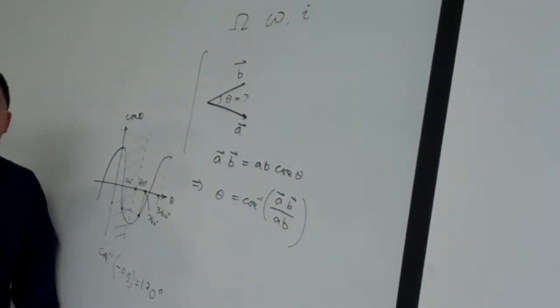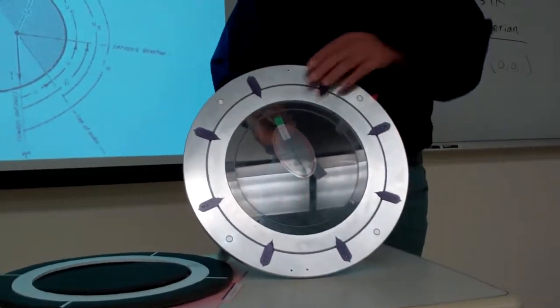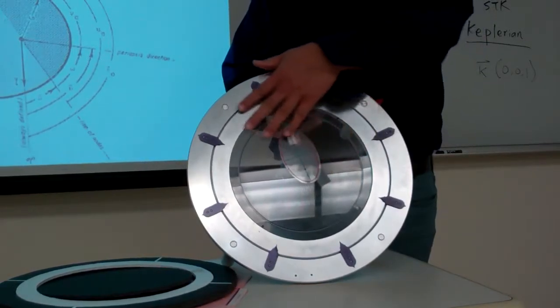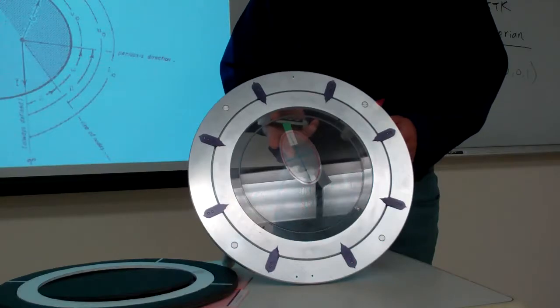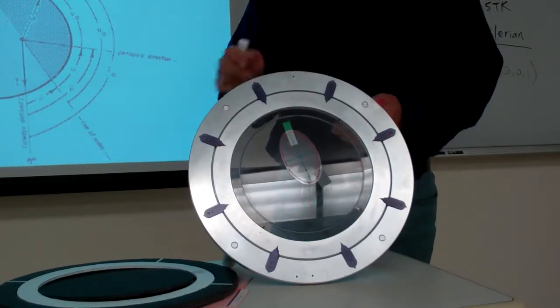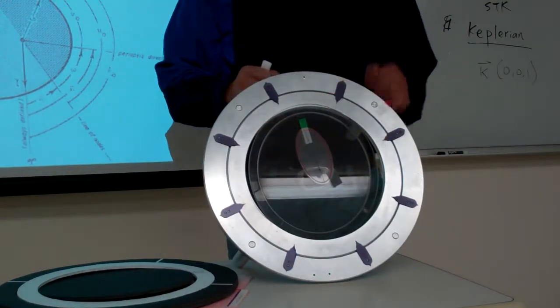For this case, you can see what I is. Right now the equatorial plane is coplanar with the orbit plane, so I equals 0. For this one, I is tilted.